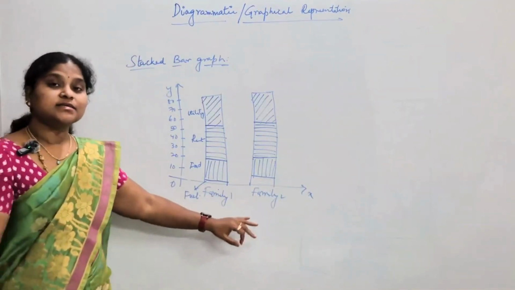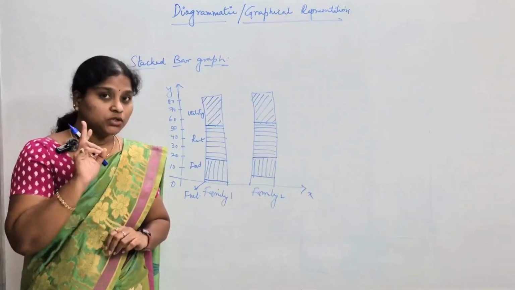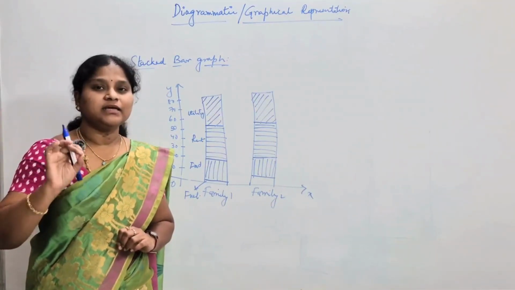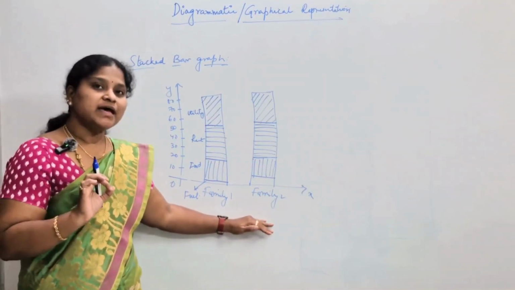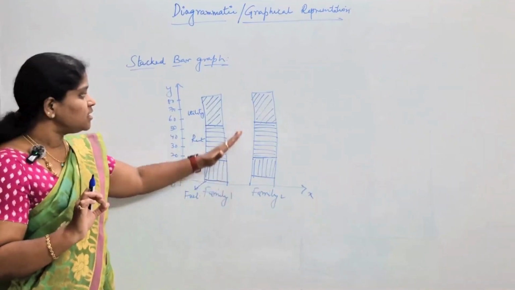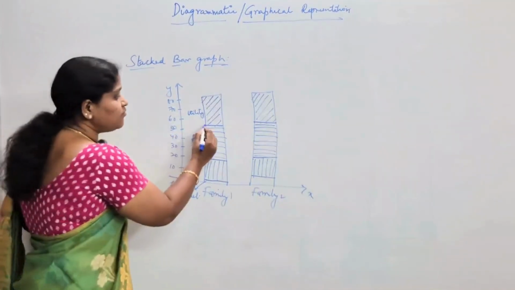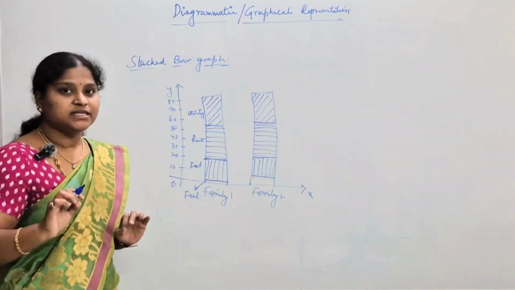The next one is stacked bar graph. Let us consider an example where two families are considered of almost same monthly income, that is family 1 and family 2. So in stacked bar graph, we consider the complete bar as 100 and we divide the parts of this bar into different sections.